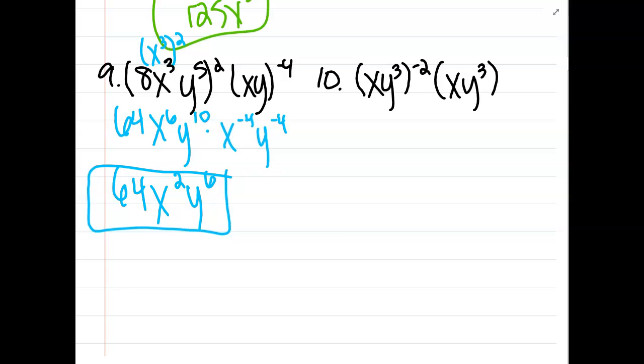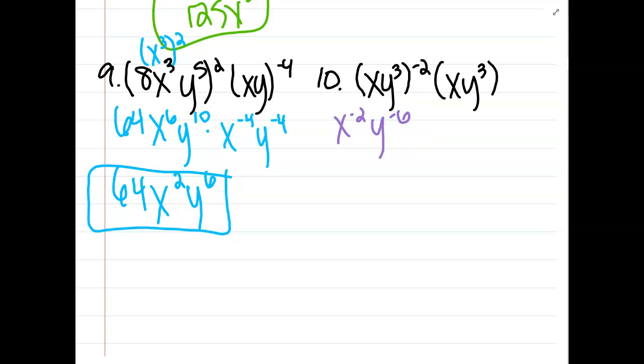So these first set of parentheses, I'm supposed to take everything in here to the negative 2nd power. So x to the negative 2nd power will just be x to the negative 2nd power. Now, when I do y cubed to the negative 2nd power, that's a power of a power. That's Friday's rule. What do I do with the 3 and the negative 2? You multiply them, so it's going to be y to the negative 6th.